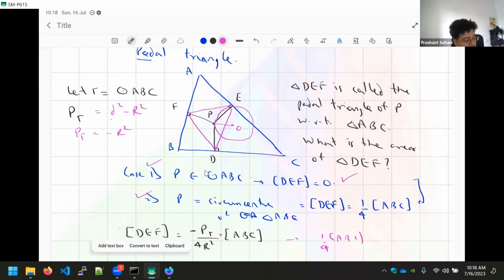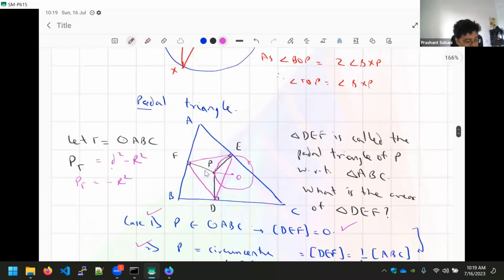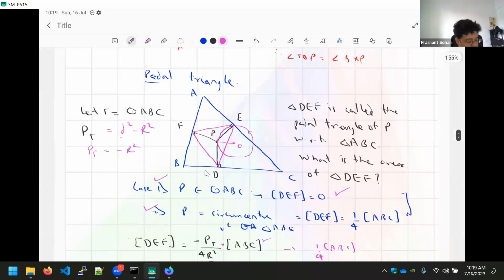Because in that case, everything is constant: ABC is fixed, capital R, the circumradius of ABC, is fixed, and the power is also fixed. So all the pedal triangles of the points along this particular circle are going to be equal in area. That's a very interesting property. So the power of a point shows up in some very interesting ways.